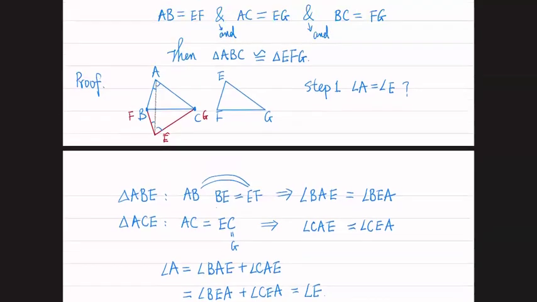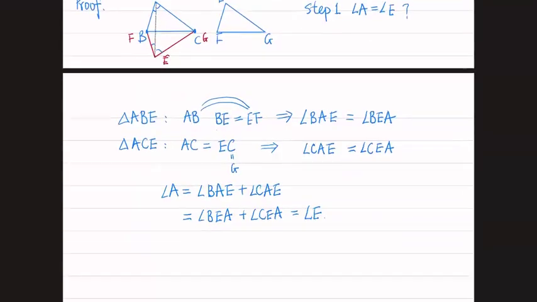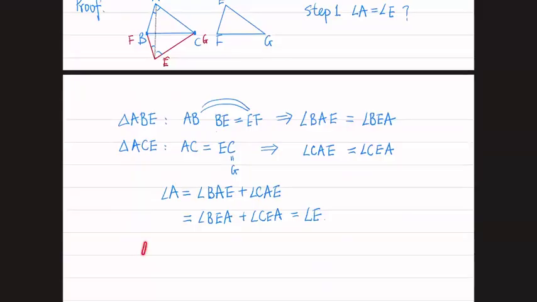Then we can combine with the two conditions: AB equals EF, AC equals EG.